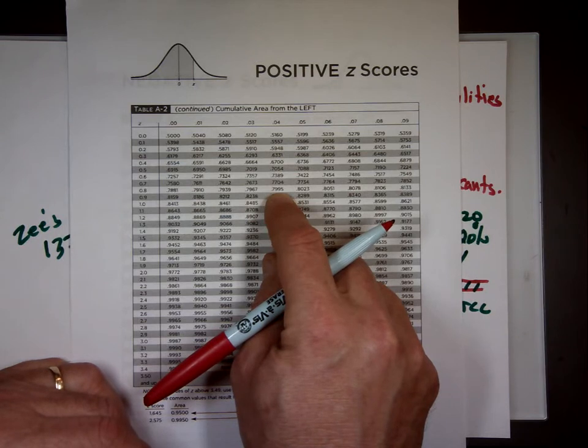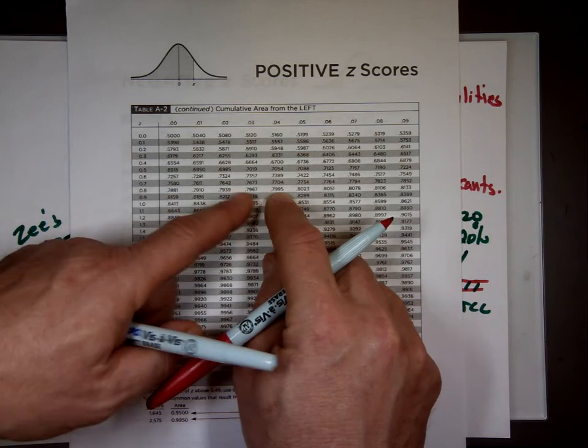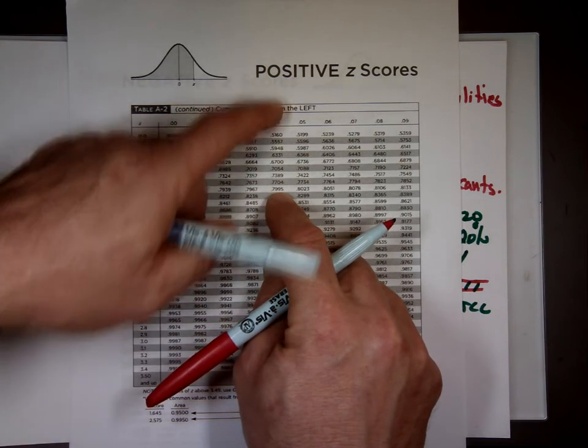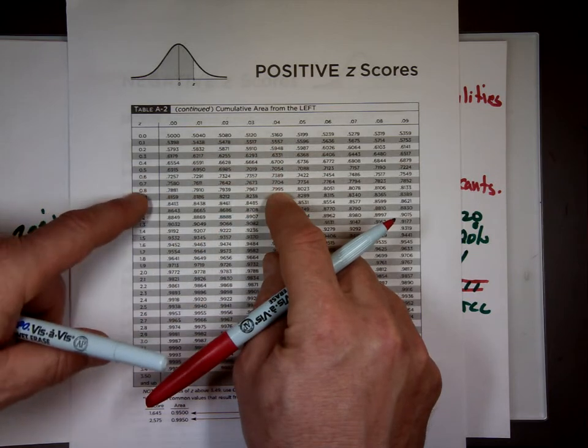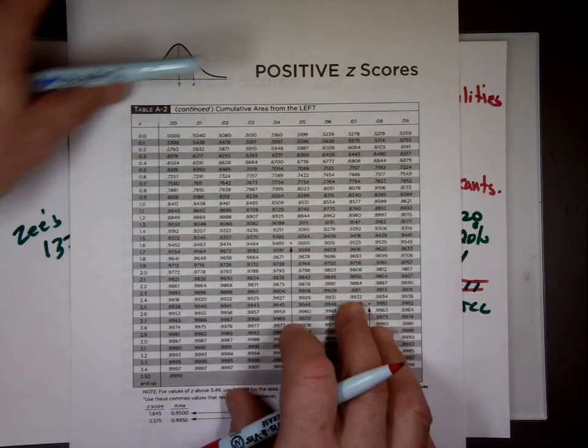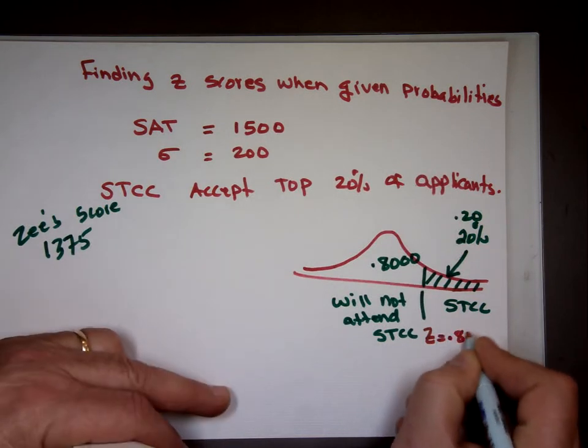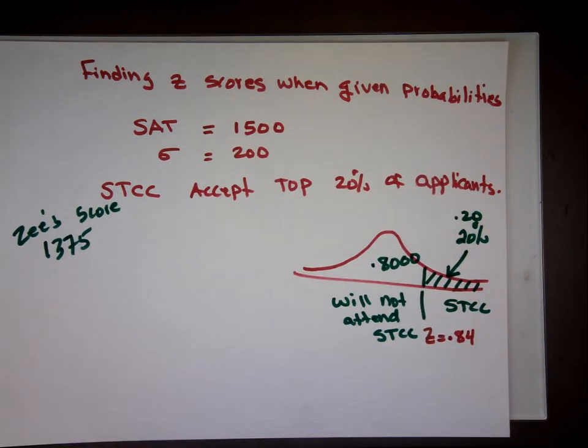So the z value for that is what? 0.84. Everyone see that? 0.84. That's the z value. That will give me 80% to the left, 20% to the right.